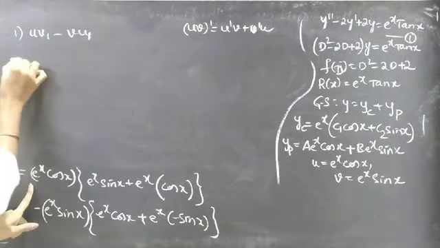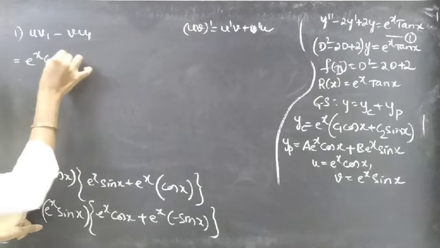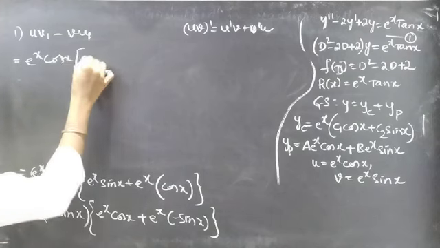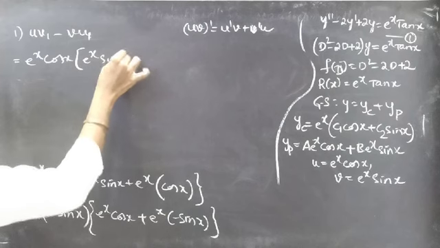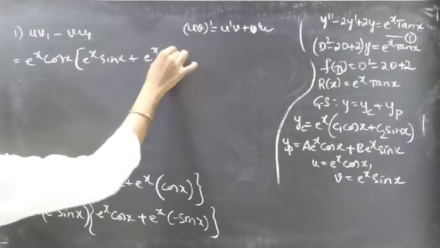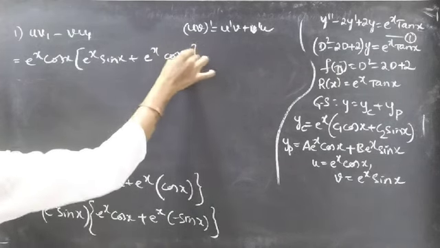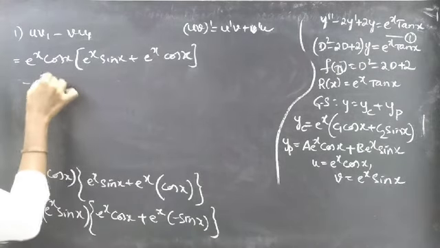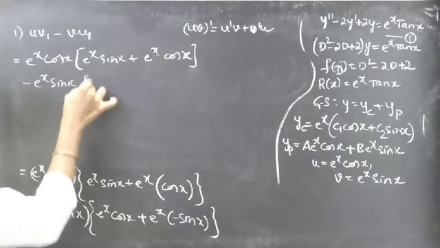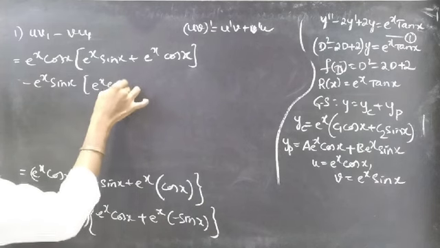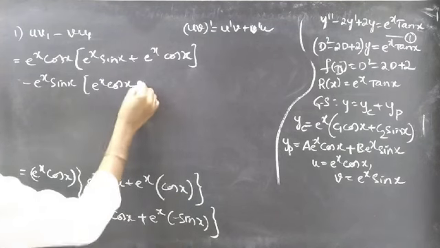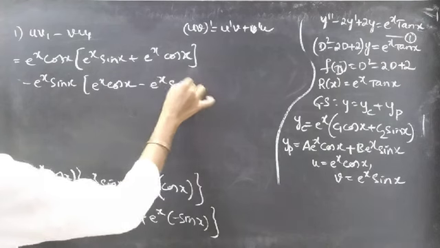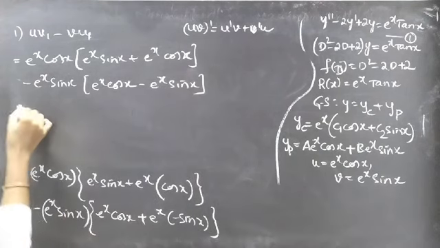This becomes e power x cos x into e power x sin x plus e power x cos x, minus e power x sin x into e power x cos x plus minus e power x sin x.